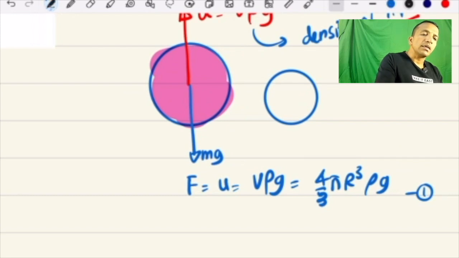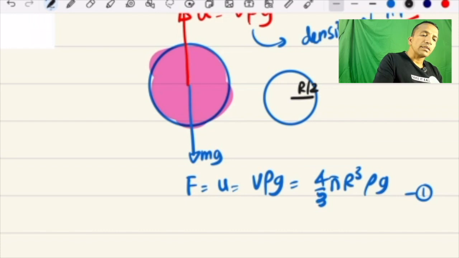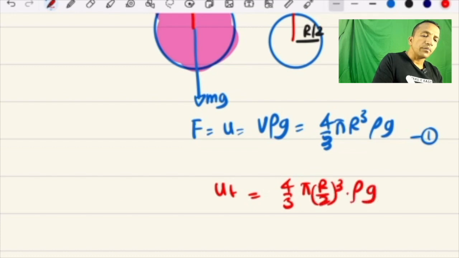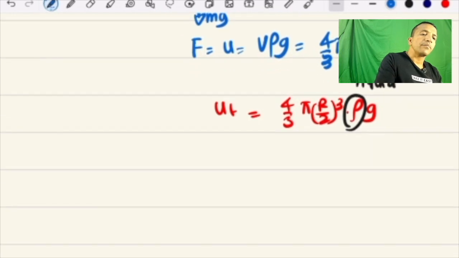The second sphere has radius only r over 2. So U2 equals 4 over 3 pi (r over 2) to the power of 3 rho g. Notice again the density I did not change. Why? It is for the liquid. Both are in the same liquid.